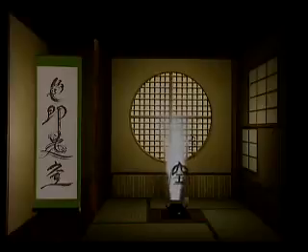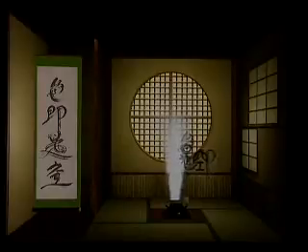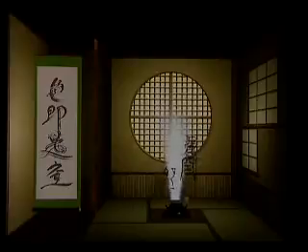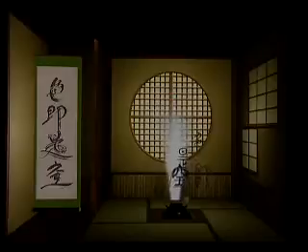Every existing thing is nothing. At the same time, nothing is existing. Nothing is emerging, and nothing is dying. Nothing is innocent, and nothing is sinful.